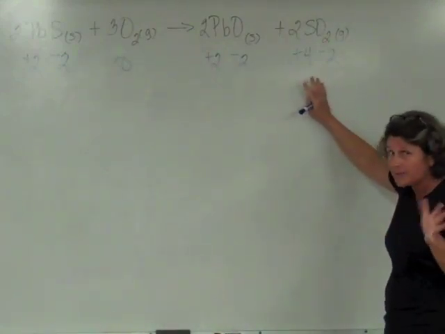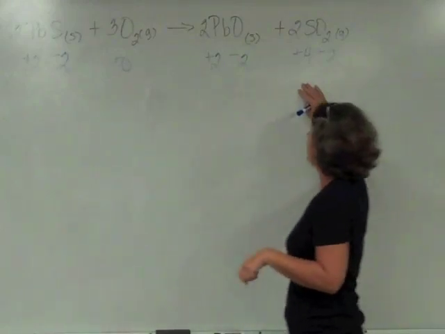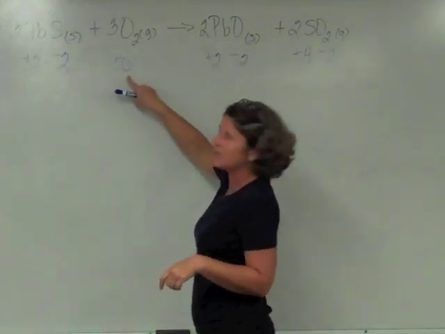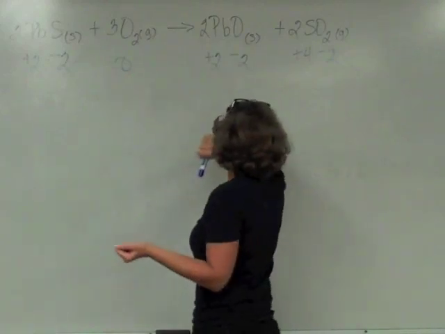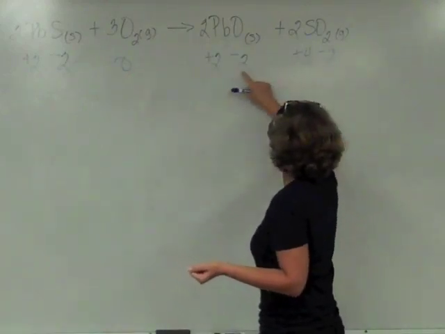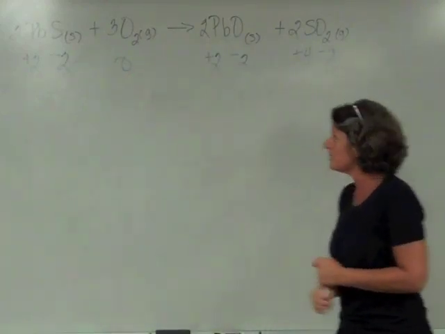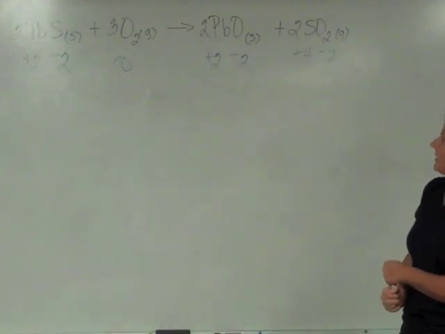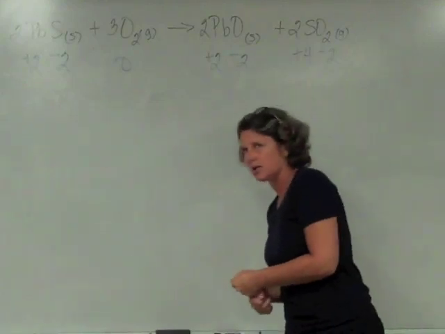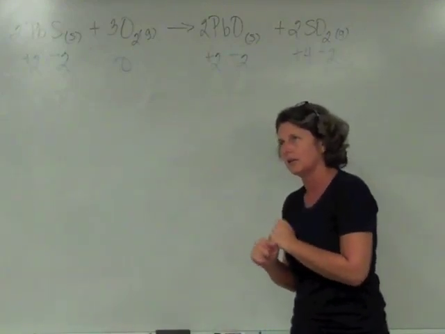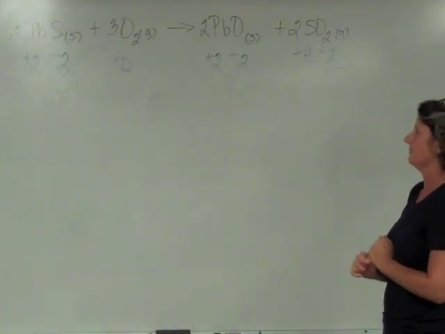So something's happened with the sulfur. Oxygen begins with an oxidation state of 0 and ends up with an oxidation state of -2. All right, so lose electrons oxidized, gain electrons reduced.